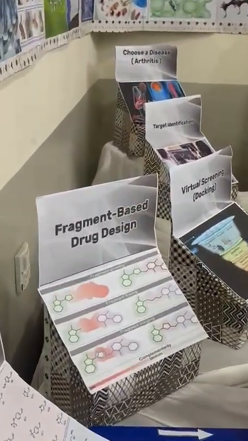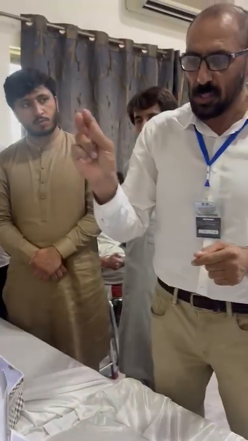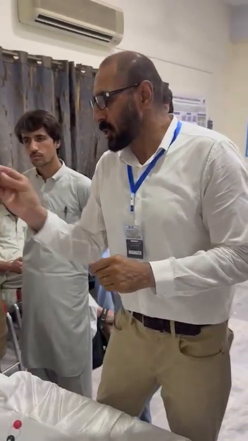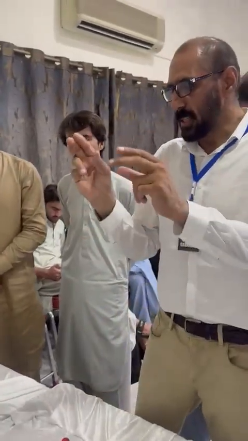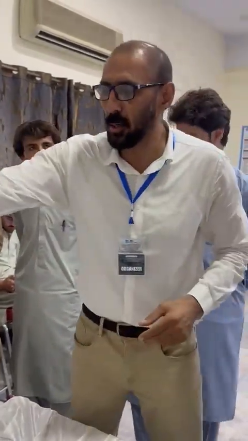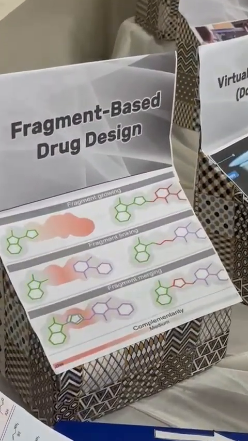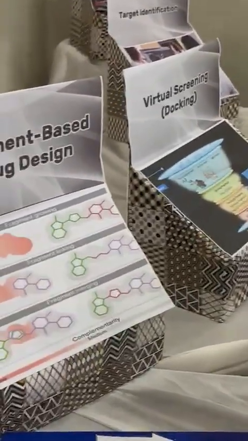Similarly, this is a much more important area. This is called fragment-based drug design. Small fragments will be chosen. They will be individually fitted with the receptor. For example, let's suppose this is the receptor site. Look at this area, this is the receptor area. This green one is the fragment which is already fit, and then this red or purple one is the second fragment.